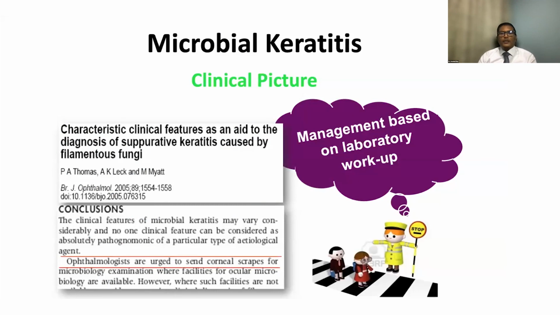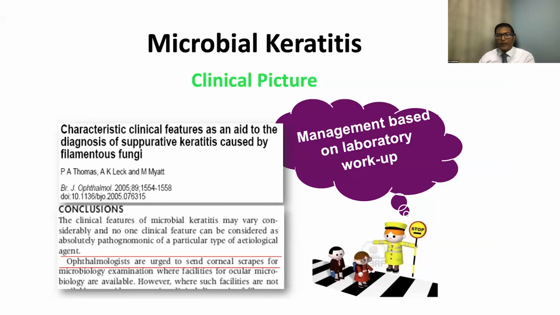So this was another paper which asked: when the clinical picture is very obvious, that we are dealing with a particular type of organism, should we still do microbiology? Is there a role of microbiology? Well, definitely the conclusion was that it is important to understand that no two ulcers are alike.